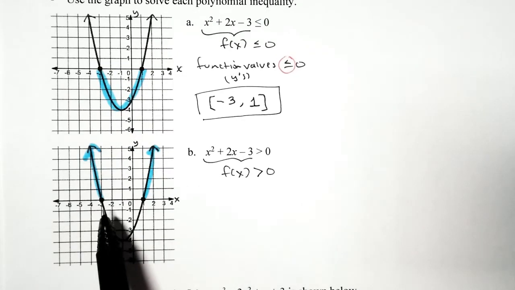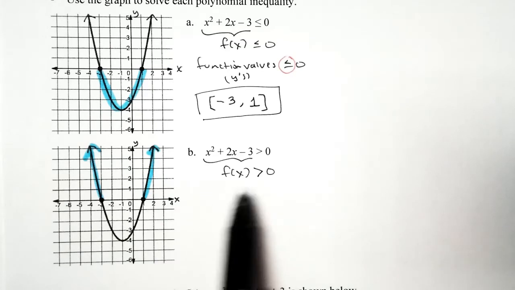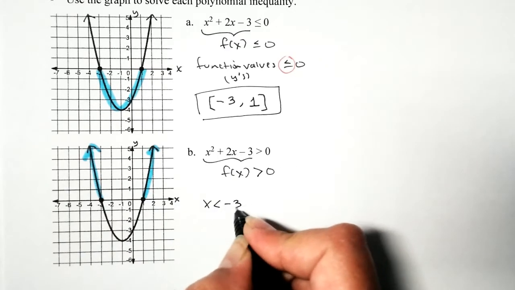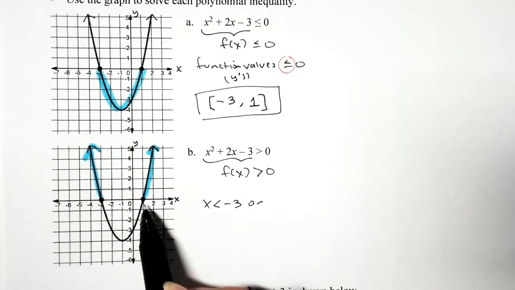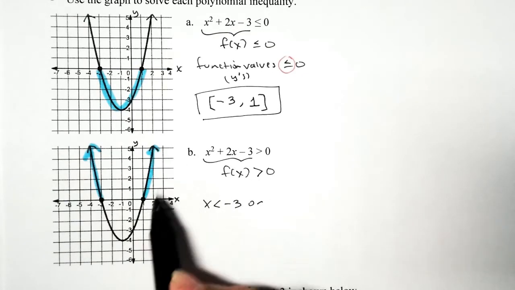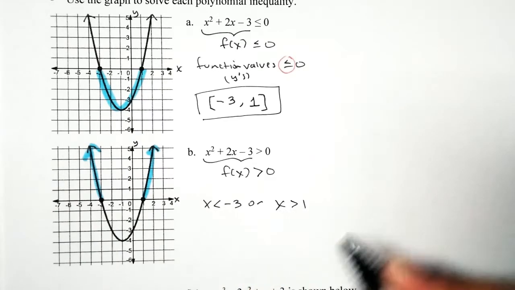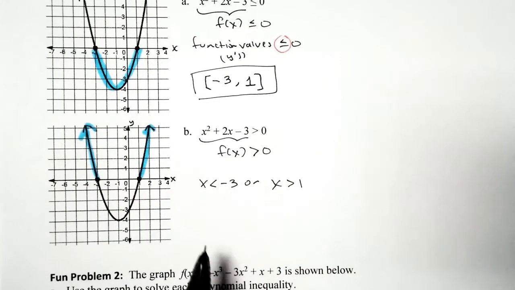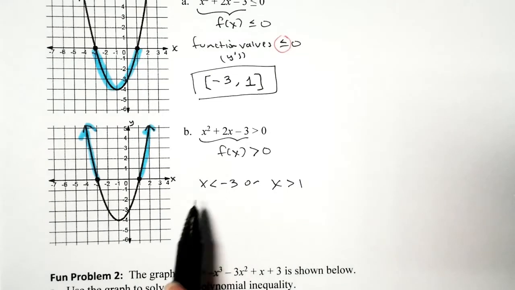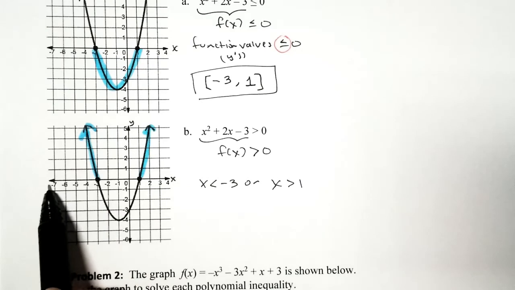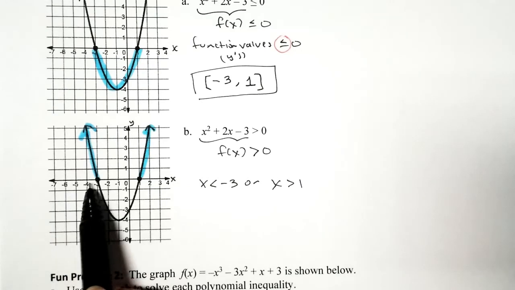Now, using inequalities, the function is greater than 0 for values that are less than negative 3, or for values that are greater than 1. So it's from 1 to infinity. Now let's write this in interval notation. Interval notation goes from left to right. So for values that are less than negative 3, the interval will be from negative infinity to negative 3.